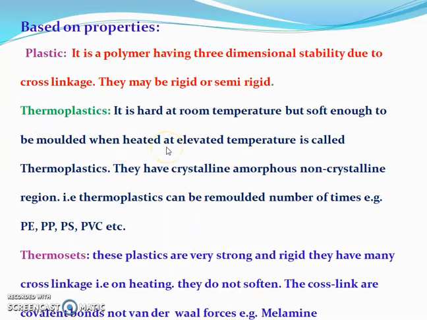Thermoplastics have ordered crystalline regions and amorphous non-crystalline regions. They are hard at room temperature but soft enough to be molded when heated to elevated temperatures.